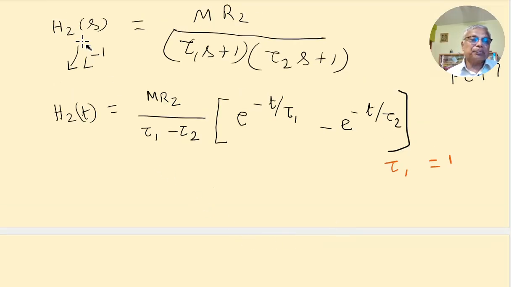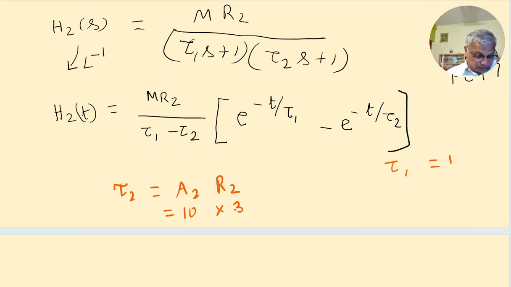Tau 2 is A2 into R2. A2 is 10, and R2 is 0.35.